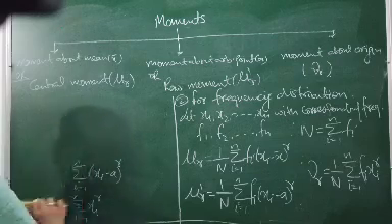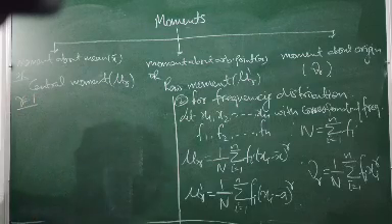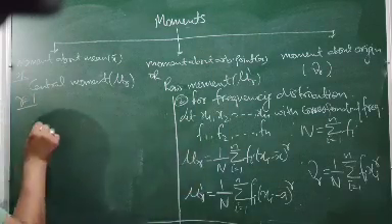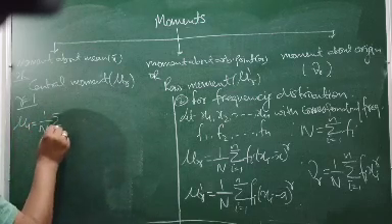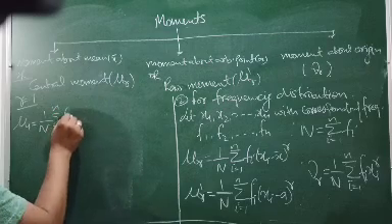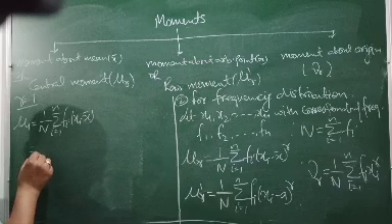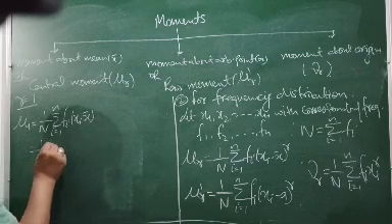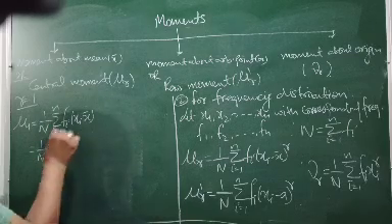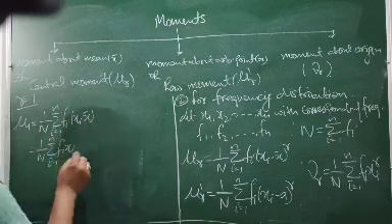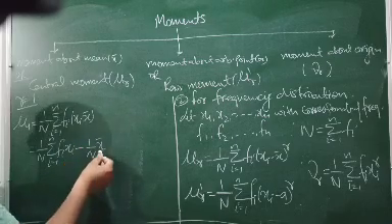First of all, r is equal to 1. If we put r equal to 1 in the formula for mu r, this is mu 1, equal to 1 upon capital N summation i varies from 1 to n of fi (xi minus x bar) to the power 1. If we open the bracket with the summation, we get 1 upon N summation fi xi minus 1 upon N x bar summation fi, since x bar is a constant, so we put it before the summation.